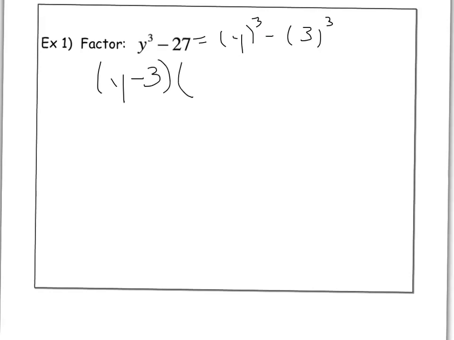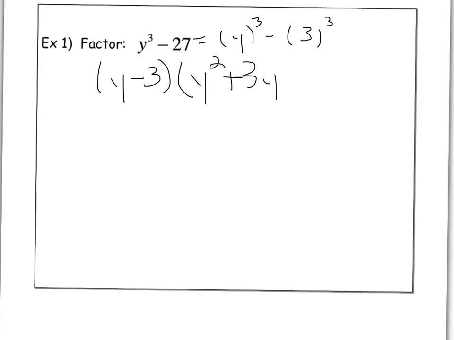And then the first term is always just this term squared, so we have y squared. Now be careful with the sign here. Again, remember, if this is a minus, this sign in here is going to be opposite, so this becomes a plus. The middle term, once you have this first binomial done, is always just this times this, so that's a 3y.